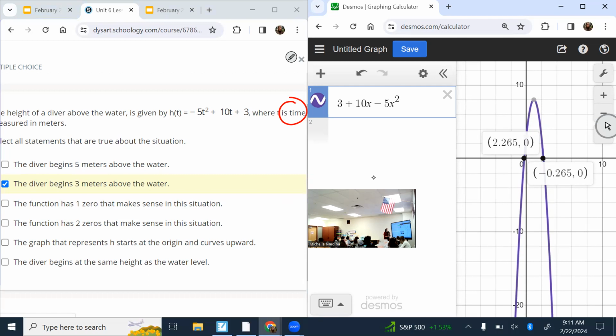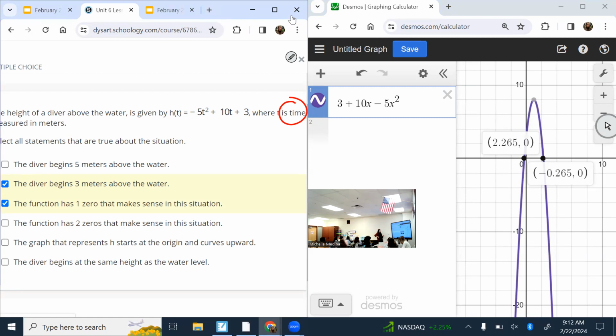Does the -0 make sense? Remember, the t was for time, and it goes in the order like time, then height. So does it make sense for us to have a negative time? So we only have 1 zero that makes sense in this situation. And that would be the positive one. So we would pick the one that says 1 zero makes sense.